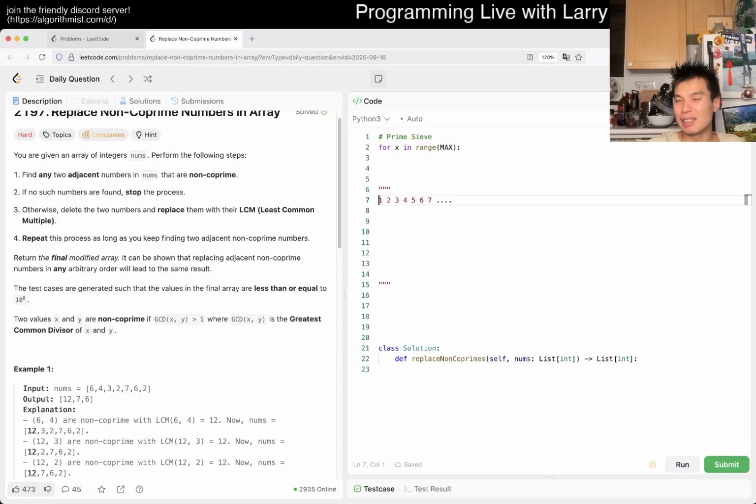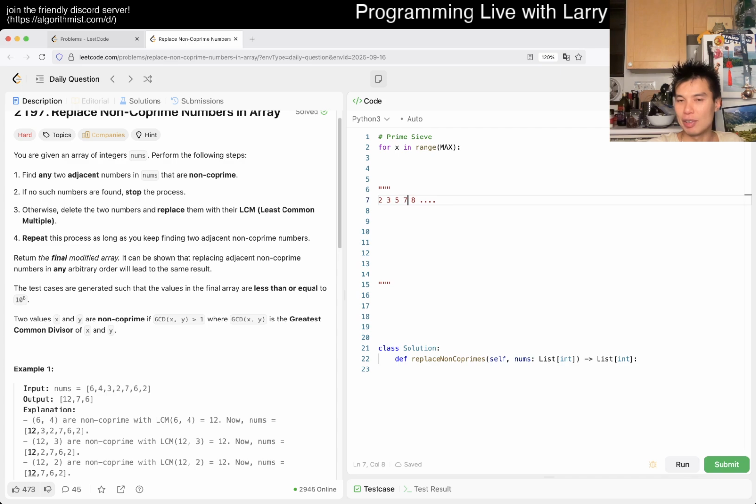Well, a prime number has only divisors of 1 and itself, meaning that there are no divisors smaller than it, right? So let's just ignore 1 for now, because 1 is whatever, and then we have 2, which we know is prime, so now we take all the multiples of 2 and remove them from the list, right?